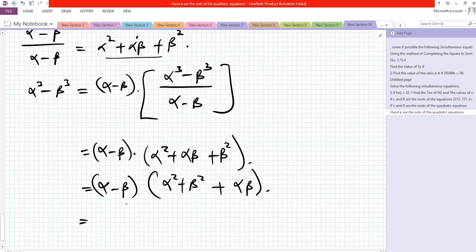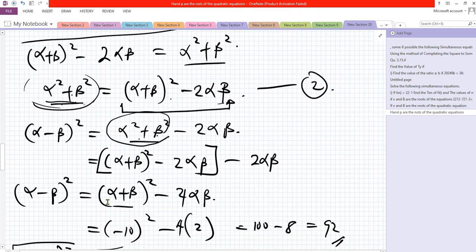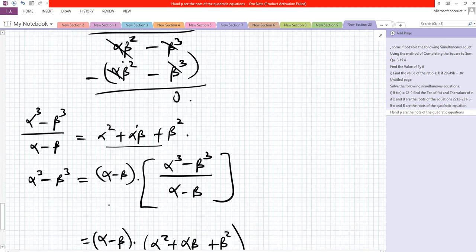Now this is the same thing as the square root of that.